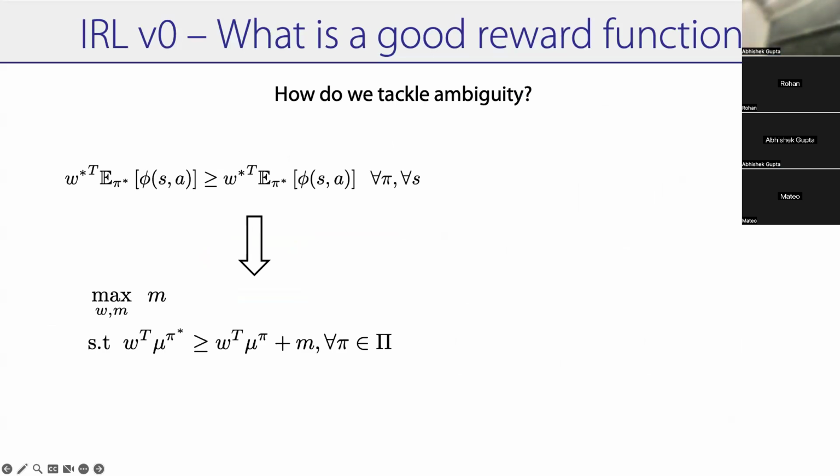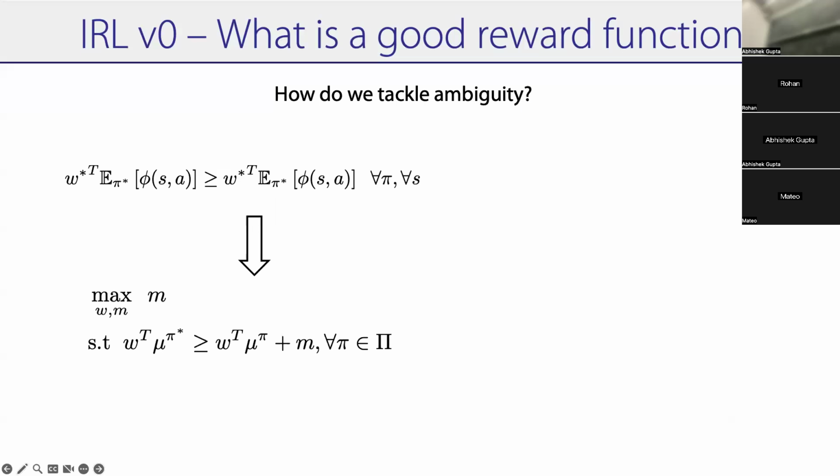The idea behind max margin is that you force the norm of W star to be 1, let's say, but you also want to find a weight vector such that W transpose expected features for pi star are better than W transpose expected features for everything else with as big a margin as possible.